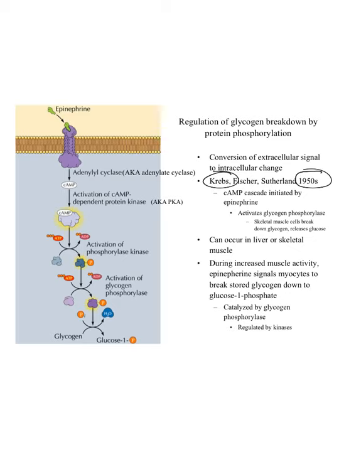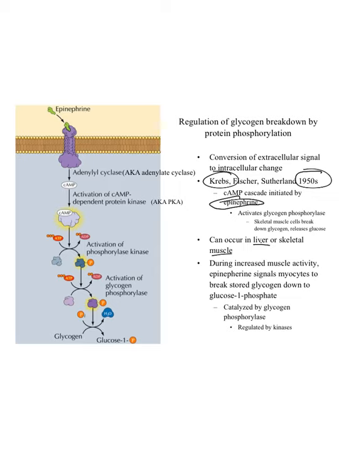One of the things these scientists were interested in was how extracellular epinephrine can lead to changes inside a cell. Much of their work was done in cultured cells. They were culturing either liver or muscle cells.